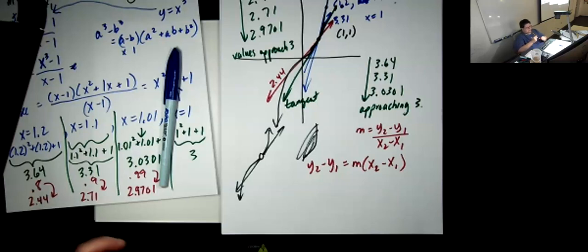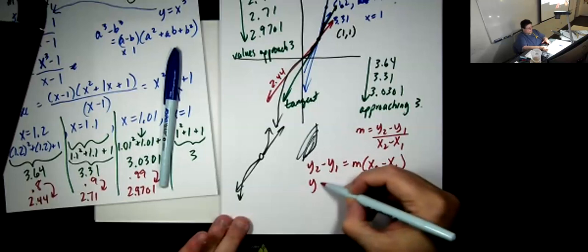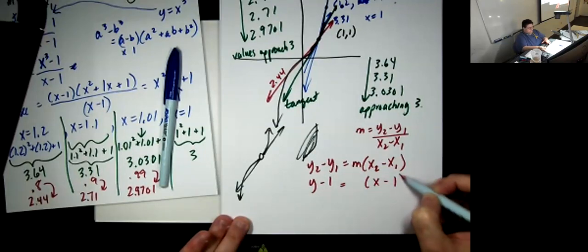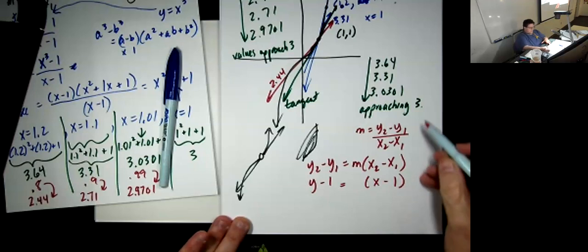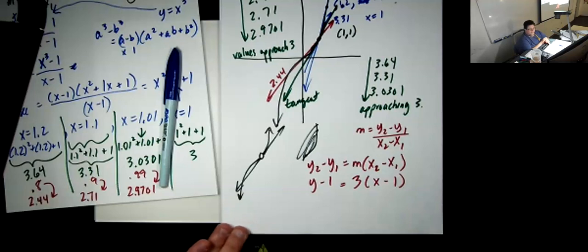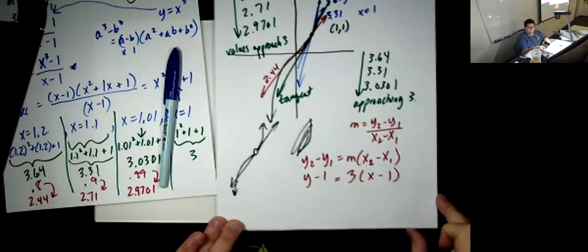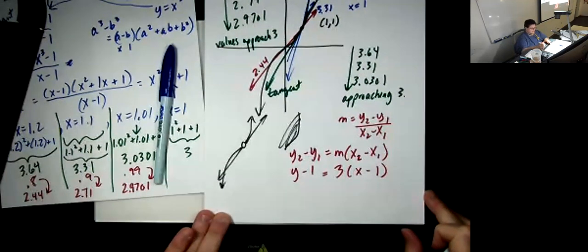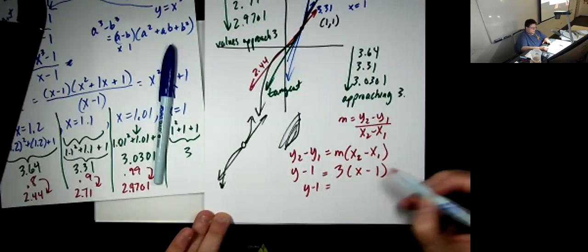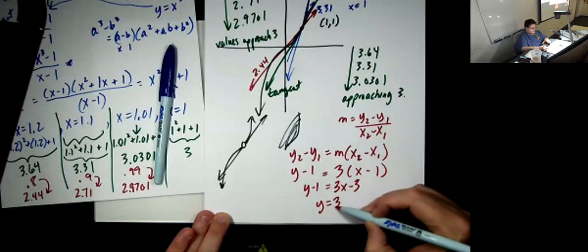For the way we set it up, this was y minus 1, and x2 minus x1 was x minus 1. And now m of the tangent line is 3. We can see it's 3 coming from either way. And we clean this up: y minus 1 equals 3x minus 3. So y equals 3x minus 2.